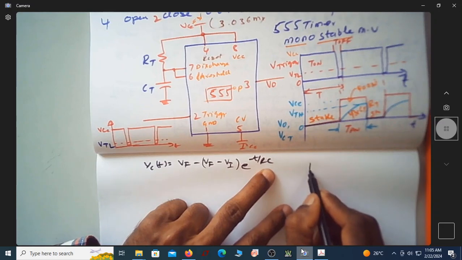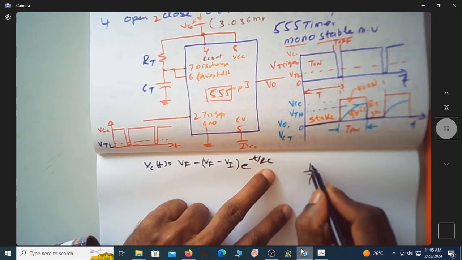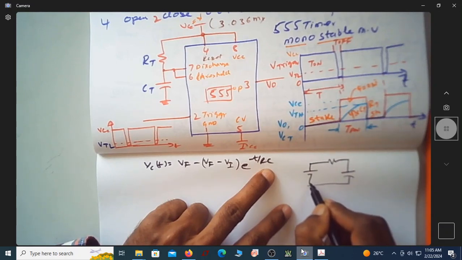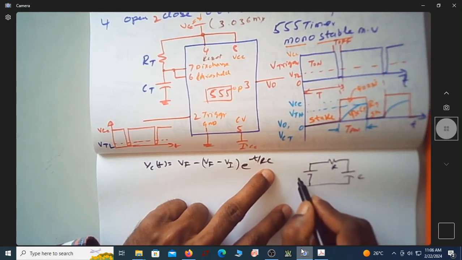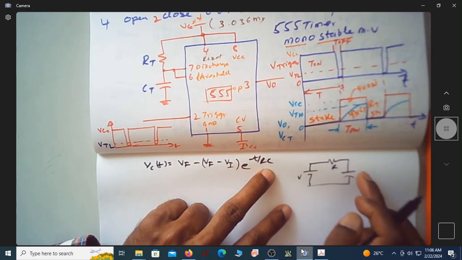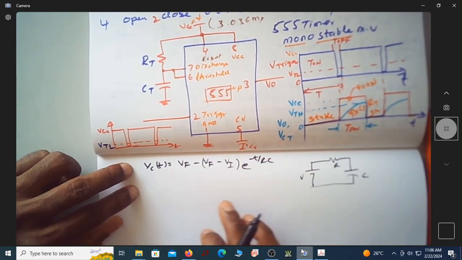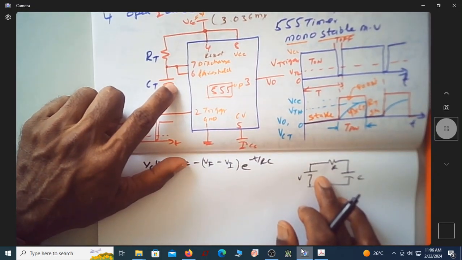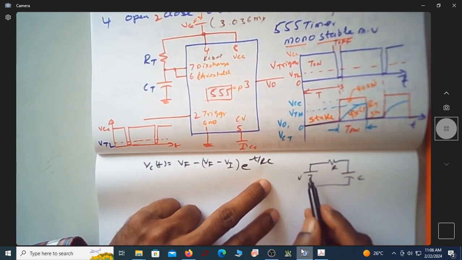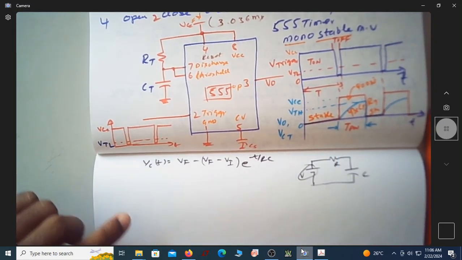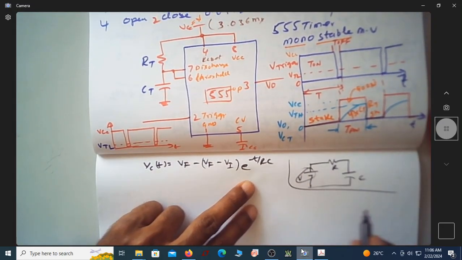You can simply think of it like this: you have a voltage source, a resistor, and a capacitor here. This is C, this is R, this is some voltage. How does this capacitor charge? It is as per this equation. Now we have a similar type of thing, where this V will keep changing depending on the experiment or the application.